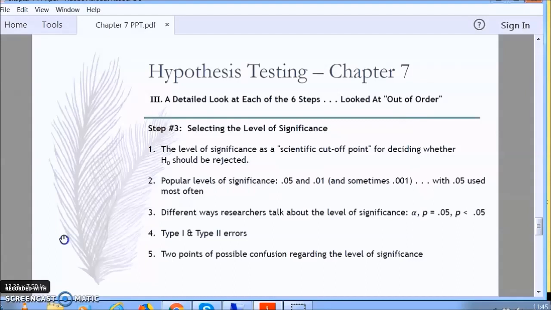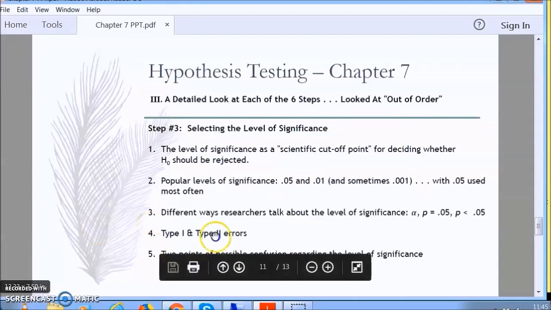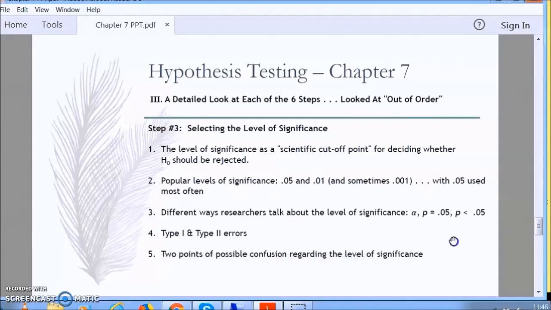This is why studies which take the critical level of 0.2 are not considered too good, because they are too lenient in their level of significance. Most experts use 0.05 as the alpha level. This is about type 1 and type 2 errors. Now let us look at the 2 points of possible confusion regarding the levels of significance.